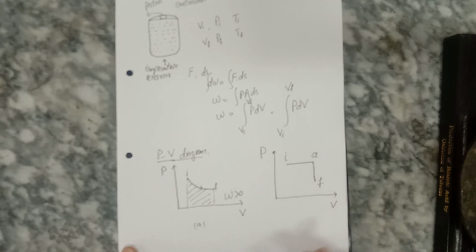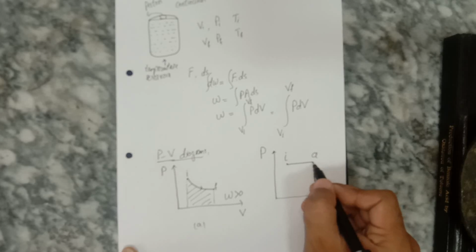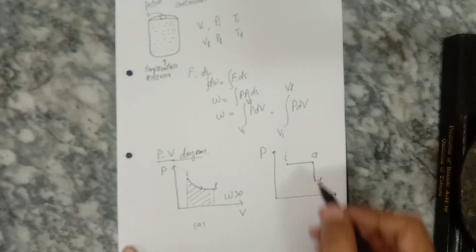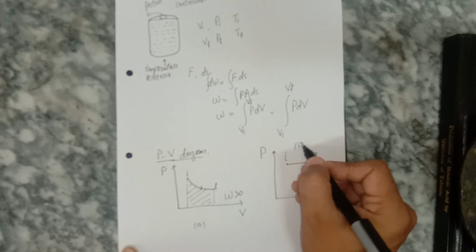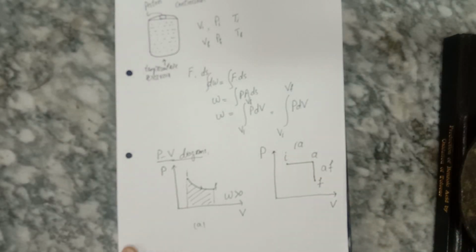So you can divide it into two phases: IA at constant pressure, and AF at constant volume.